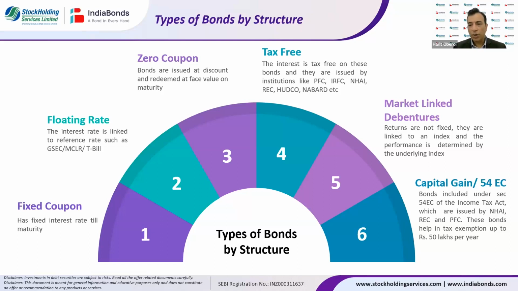Those instruments are known as market linked debentures. However, effective from this year onwards, after the budget, the taxation structure of MLDs has been changed. As a result, they attract short-term capital gain tax. So these are not very attractive instruments left in the market at this moment.